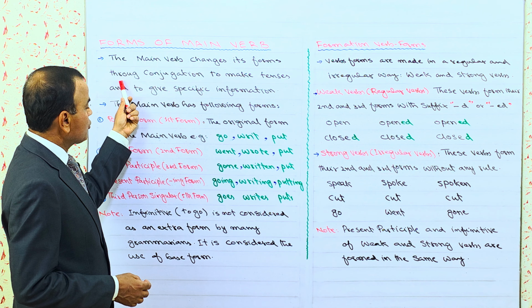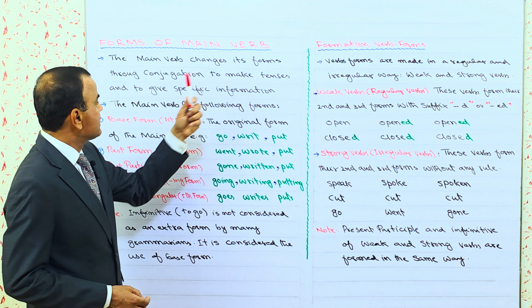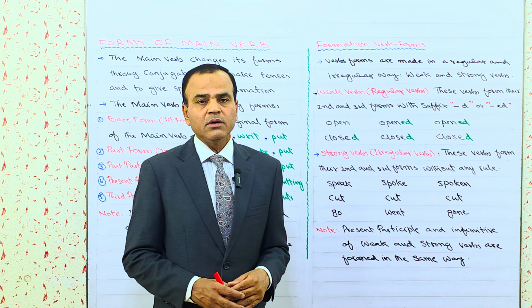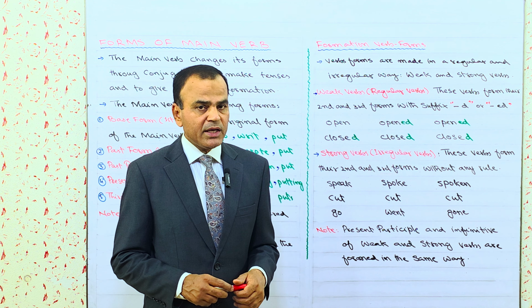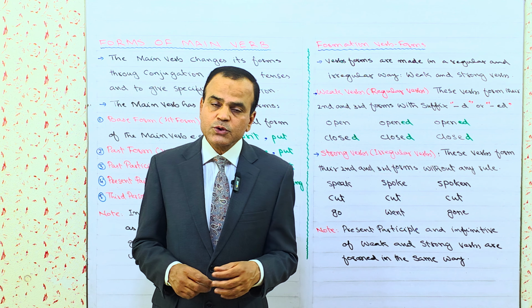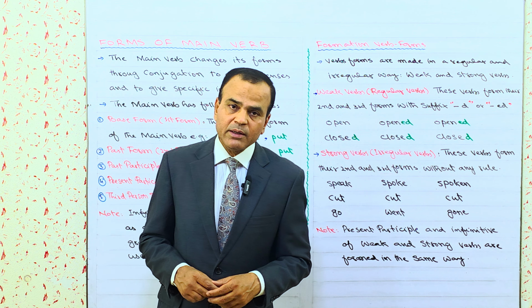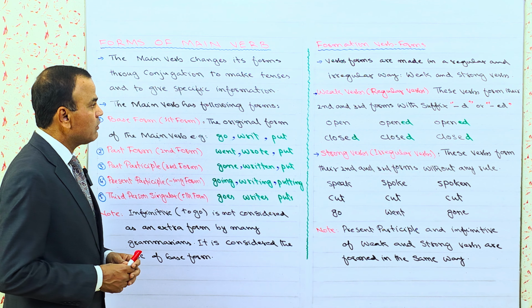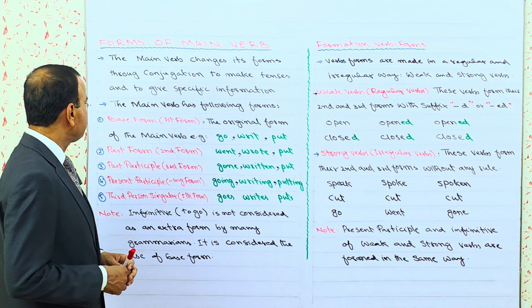So through the conjugation, we make tenses and give specific information or specific expression. Besides making tenses, they also help us in making various expressions or information, and we will be discussing all of these things one by one.